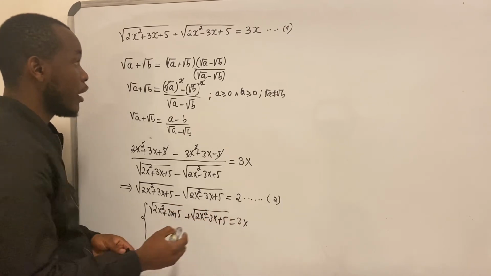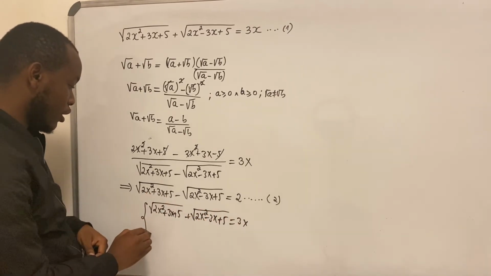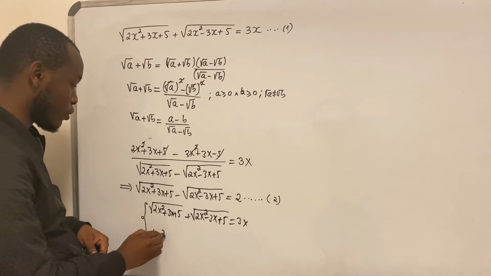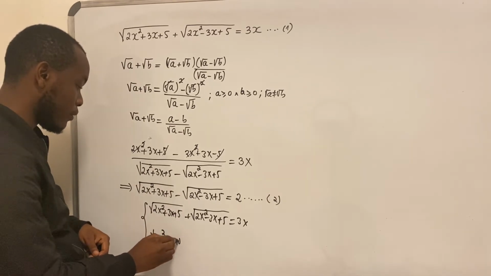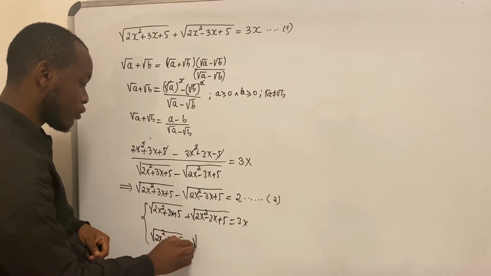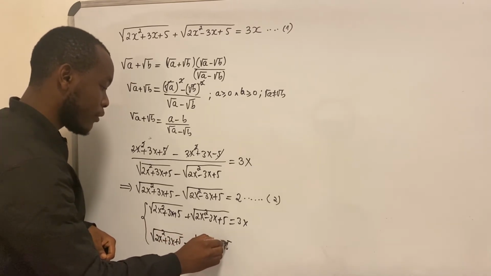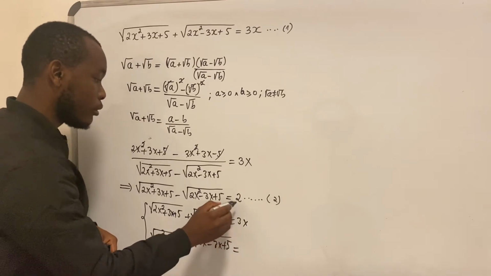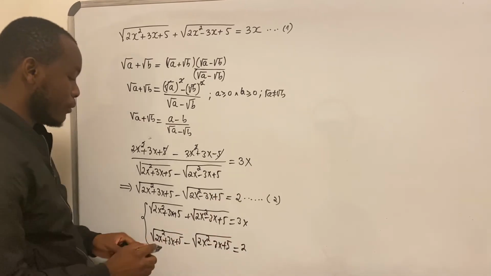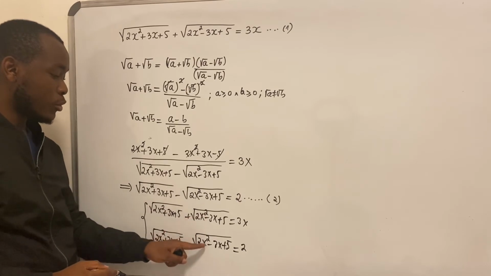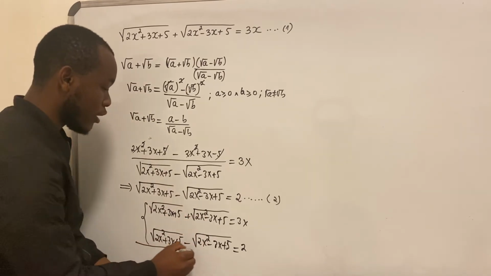And now the second equation here, we have square root of 2x squared plus 3x plus 5 minus square root of 2x squared minus 3x plus 5 equal to 2. So if we check, these expressions are symmetric, so we can add them.